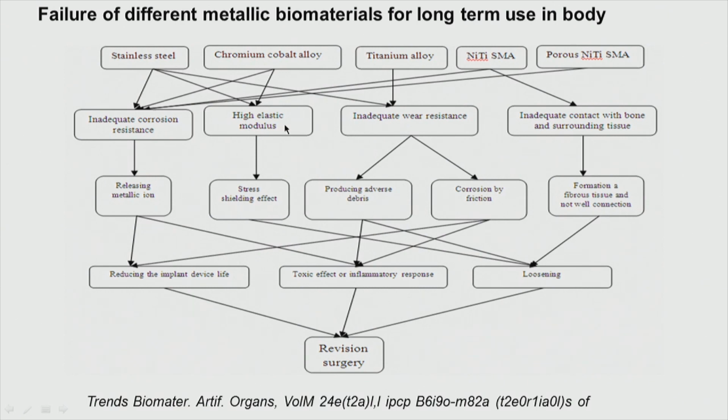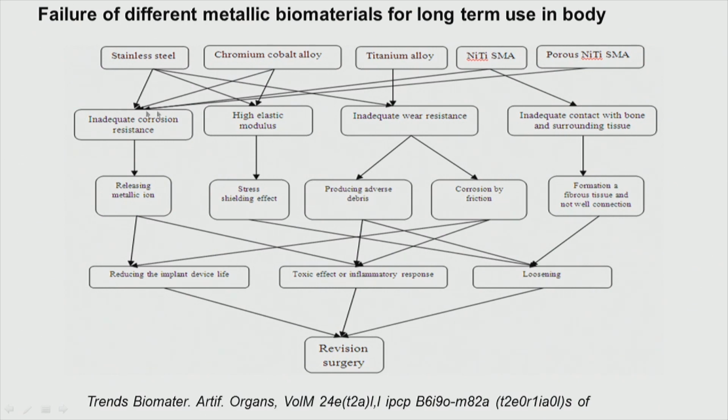High elastic modulus, again stainless steel has very high, chromium cobalt has high elastic modulus, titanium has a problem, inadequate wear resistance, stainless steel also has inadequate wear resistance. So, that is why chromium cobalts are used in the knee region. Okay. And if you take nickel titanium, inadequate contact with the bone and surrounding tissue. So, osseointegration does not happen here.